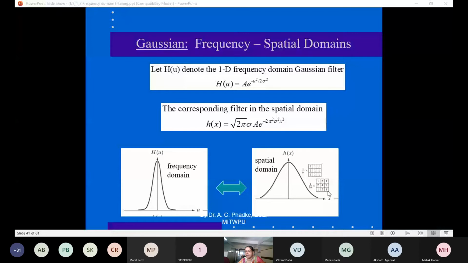It is surrounded by value 2 at immediate neighbors, and as you move away from the center, coefficient values are 1, 1, 1, 1. They are decreasing according to this Gaussian shape. Okay, so this is your spatial domain Gaussian filter, which we have already studied, and this is your frequency domain Gaussian filter, and this frequency domain Gaussian filter function is as given here.